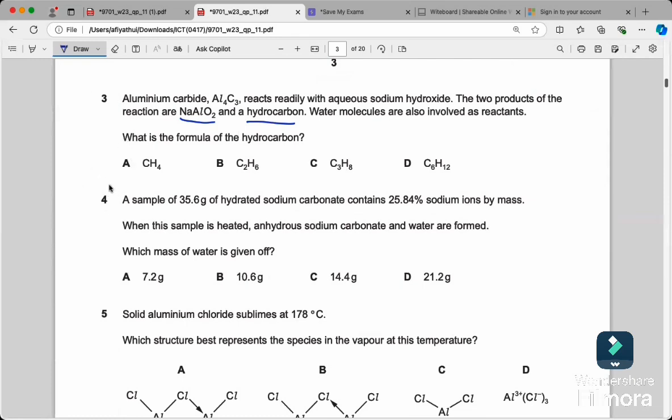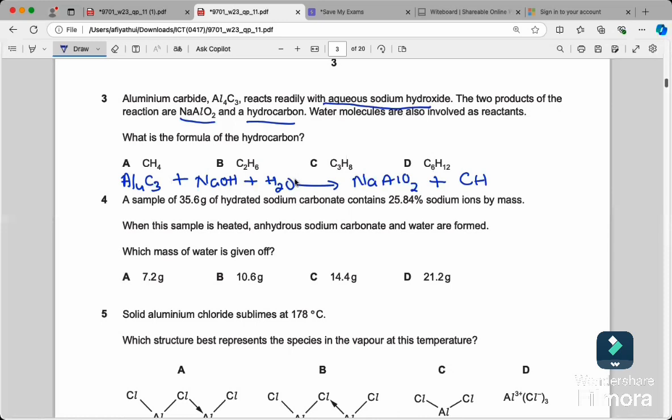When aluminium carbide reacts with aqueous sodium hydroxide, water is added with the sodium hydroxide. You are going to form sodium aluminium oxide along with some hydrocarbon. And I know that in a hydrocarbon you will have carbon and hydrogen only.